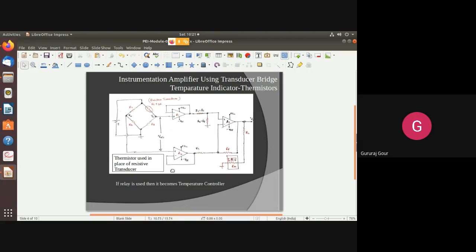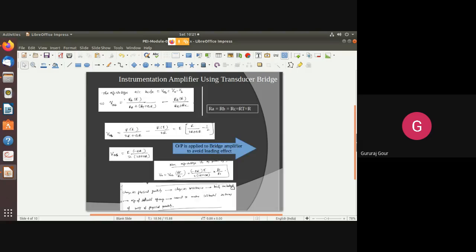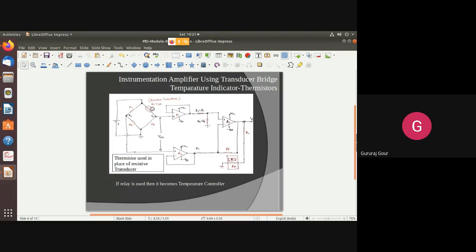So initially the bridge is balanced with the VA equal to VB, assuming delta R equal to 0. So in that case, you can explain once again these things, how we have explained with VA equal to VB. So when you will get VA is not equal to VB, same thing you can explain. So whenever there is a change in temperature, that will be reflected in terms of a delta R, maybe plus or minus. So that is going to unbalance your bridge.